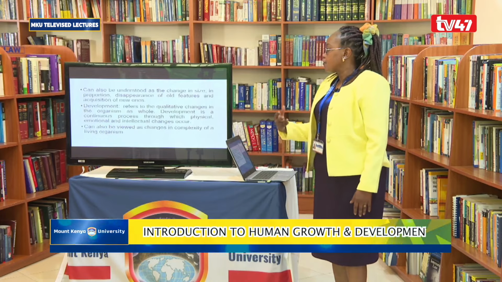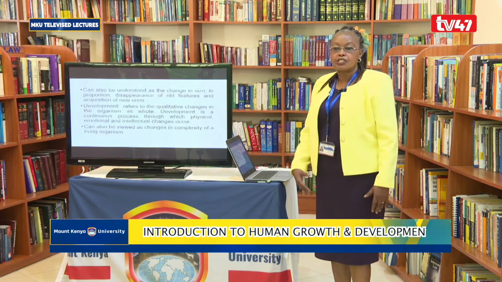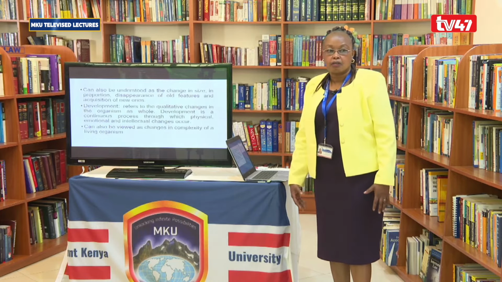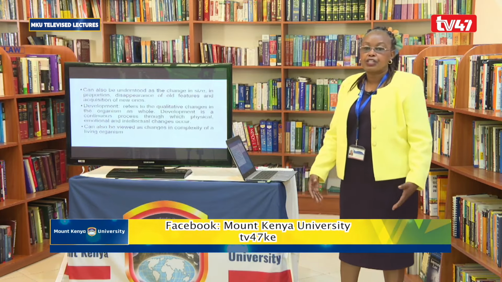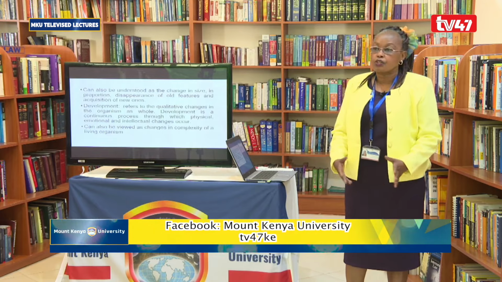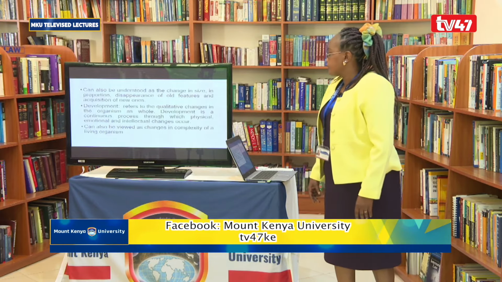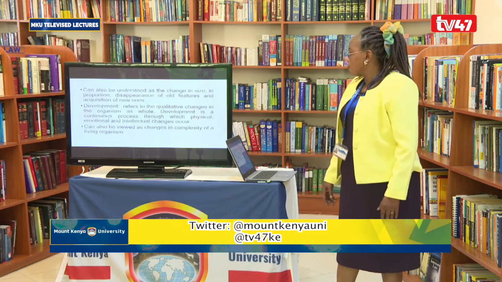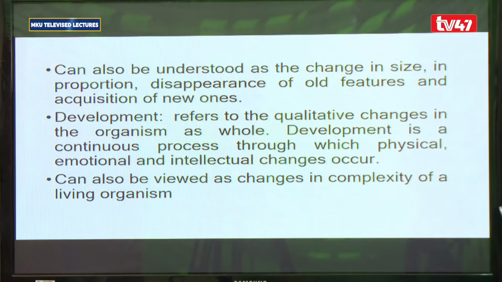So that is a form of development. He's also able to move around in the house, in the community, and that indicates development. It's not growth. And therefore, development basically is continuous, through which physical, emotional, and intellectual changes occur within that organism.